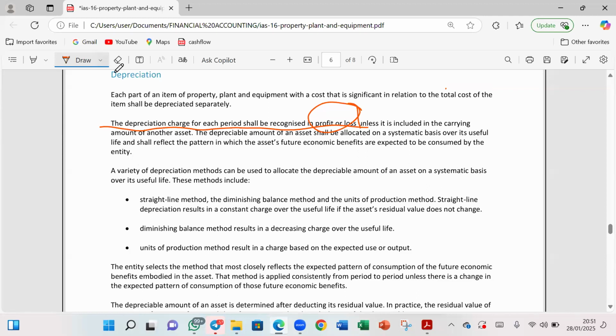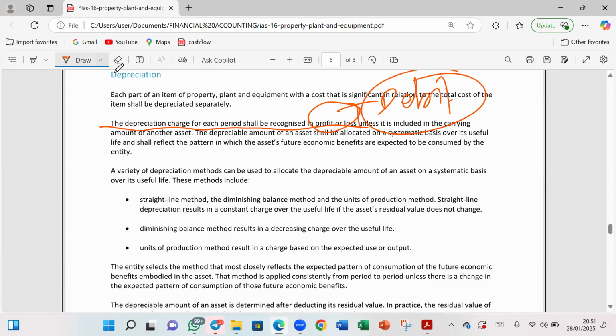What does it mean? Do you debit or credit the P&L? You debit the P&L because it is an expense.